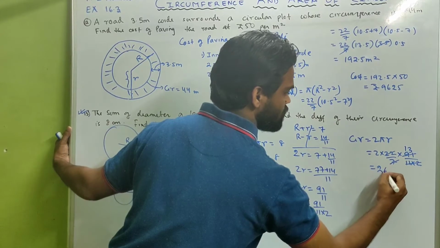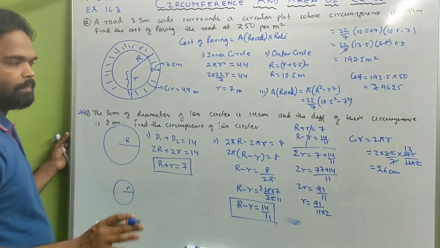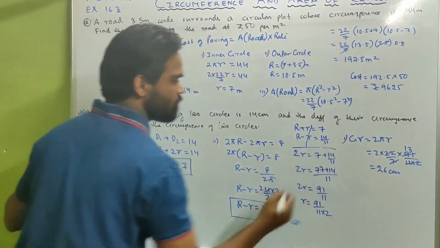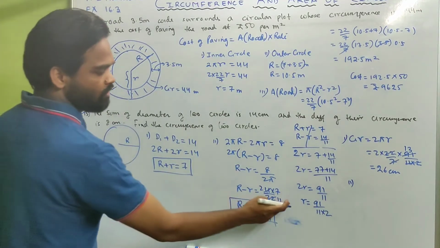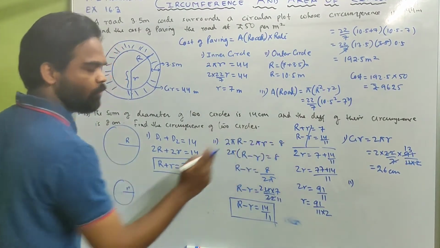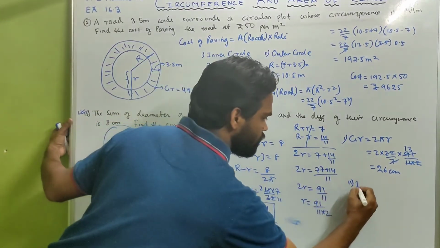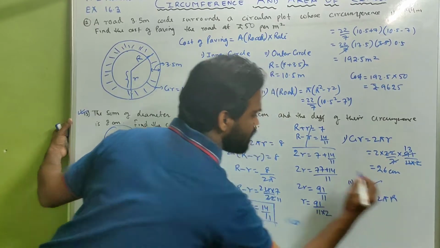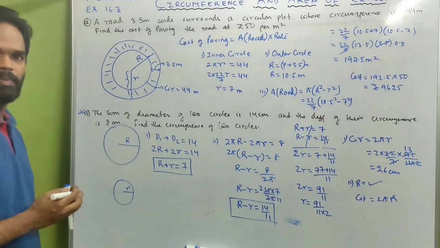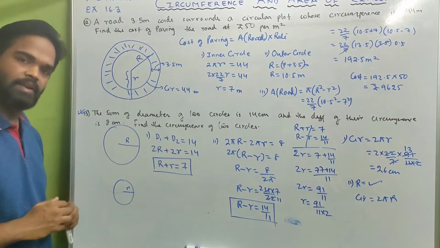So that's 26 centimeter. Done. We got the circumference of the smaller circle. Similarly, substitute the value of r in any of the equations, get the value of capital R, and then the circumference of the bigger circle will be 2 pi capital R. You try this part on your own. Clear? Now let us see the next sum.